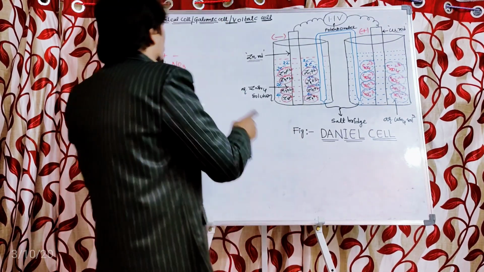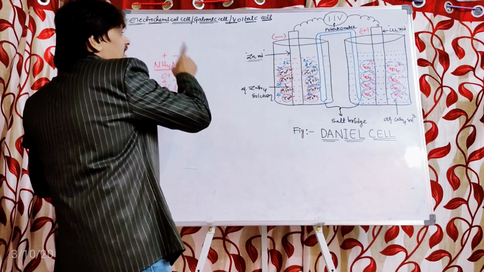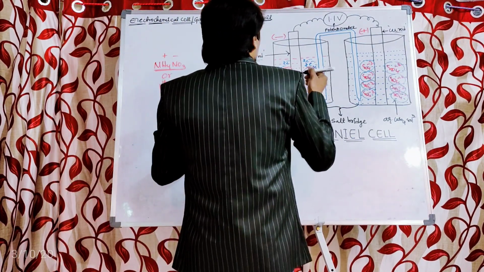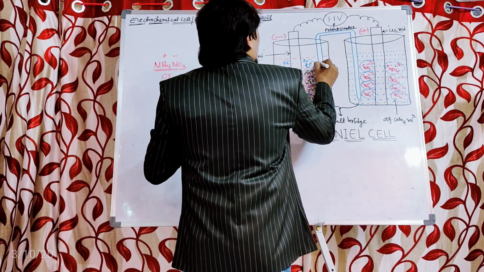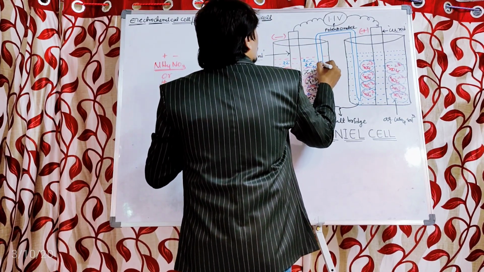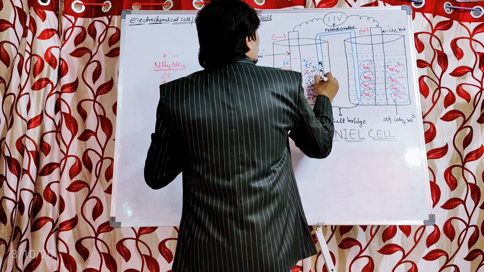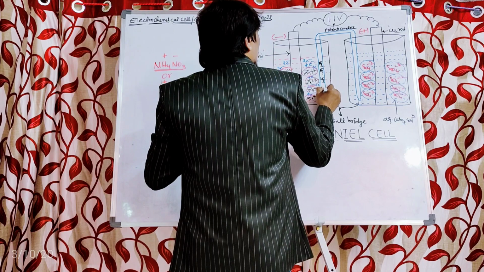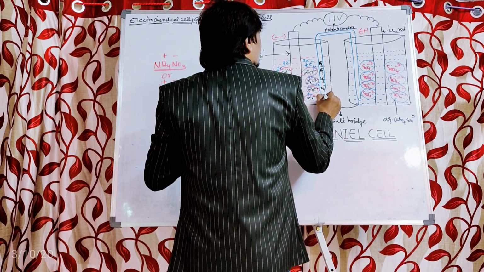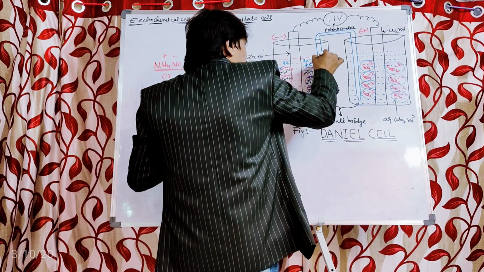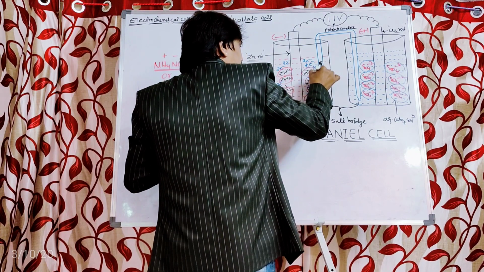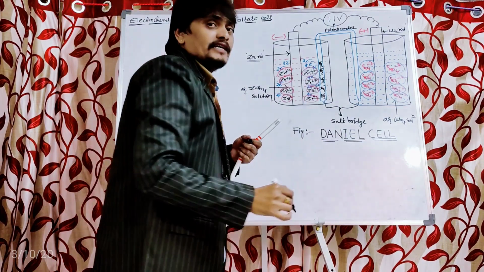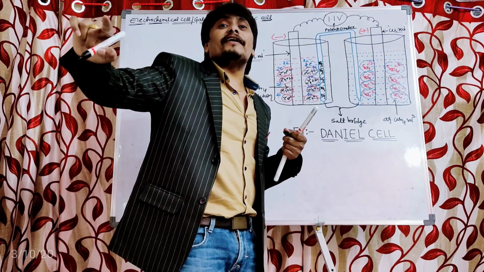The salt bridge comprises cations and anions. Cations can be nullified by anions. Now NO3 minus ions enter the beaker where Zn+2 ions are present and convert to zinc nitrate.